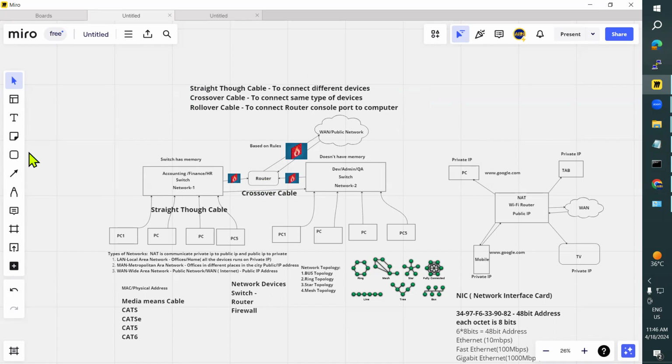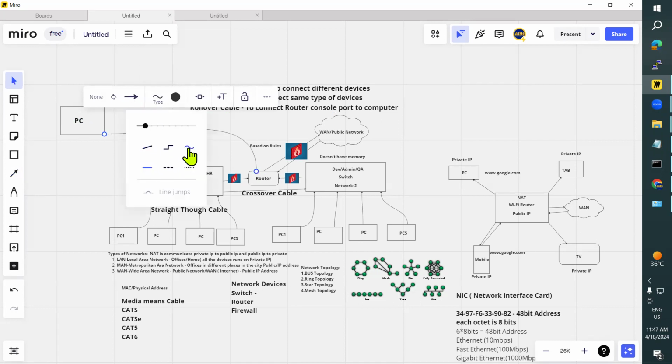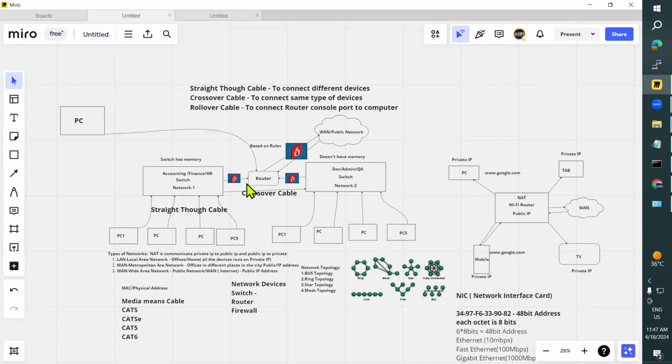So you need to connect from a computer to configure the router. So this is PC, and from this PC I need to connect to the router.